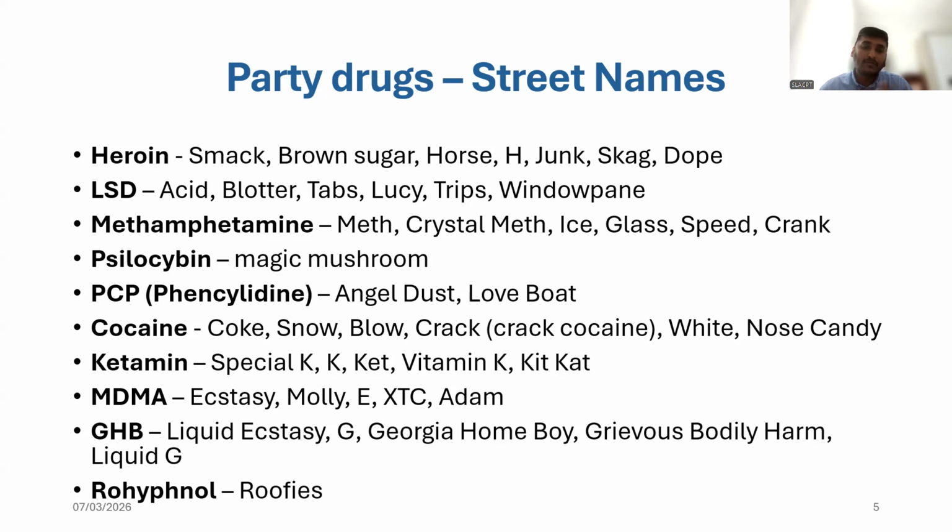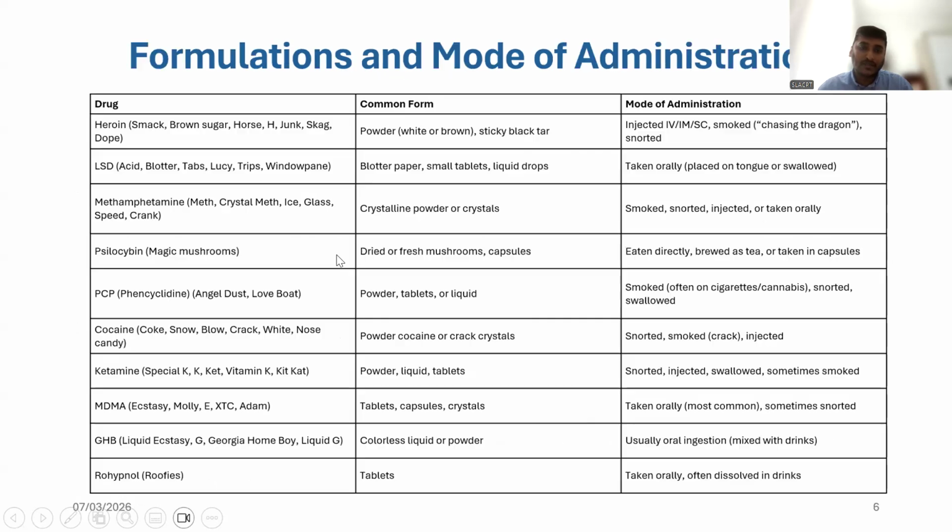You can see multiple labels for each drug in the market. Nowadays we are talking about ice, which is crystal methamphetamine, and it is talked about even more than heroin these days.